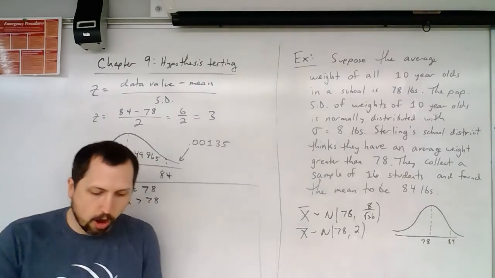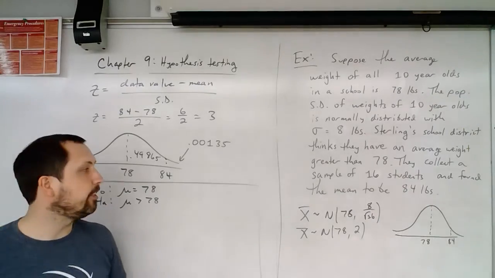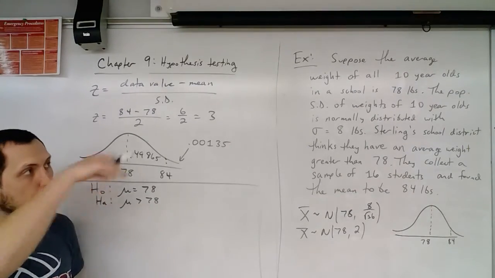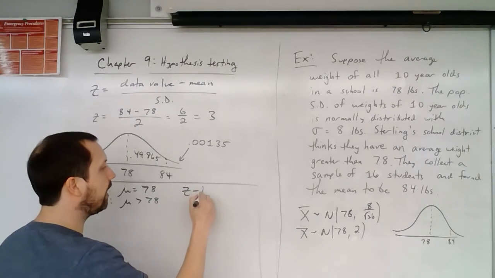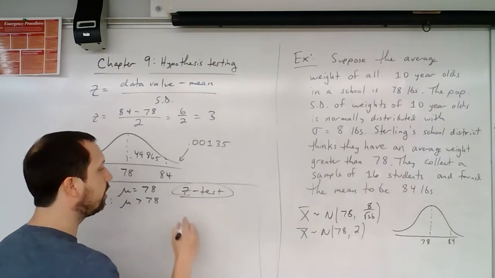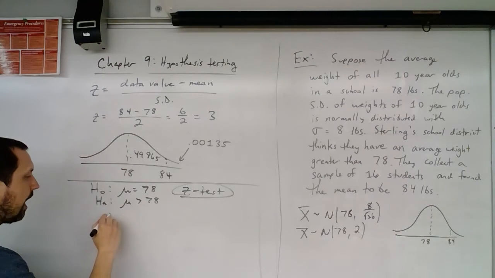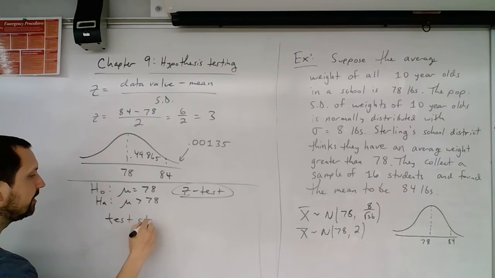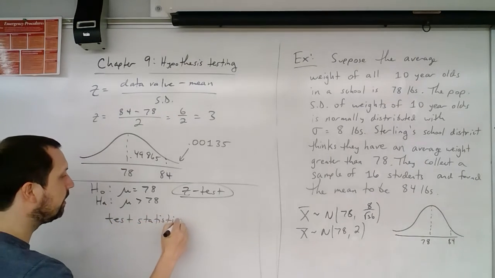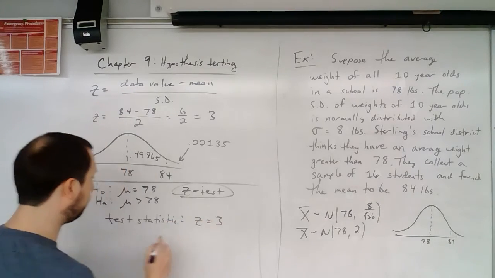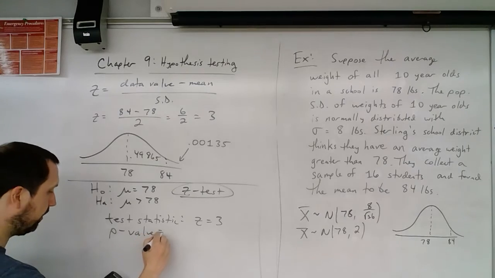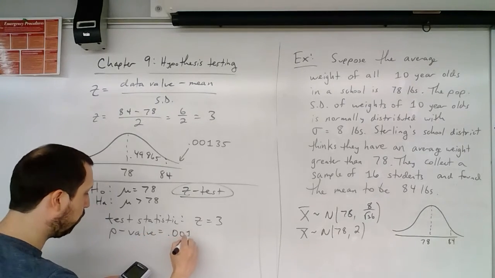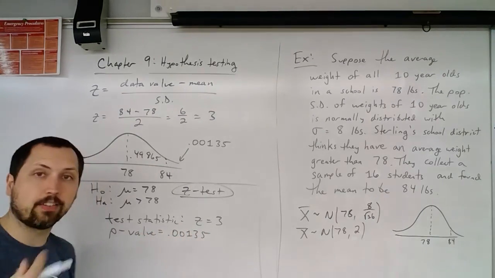So if you type all of this into your calculator, and in this case, since you have a known population standard deviation, you're going to use a z-test. If you use a z-test with all of this, what pops out is a test statistic that says z is equal to 3 and a p-value that is equal to 0.00135, at least if I round that.